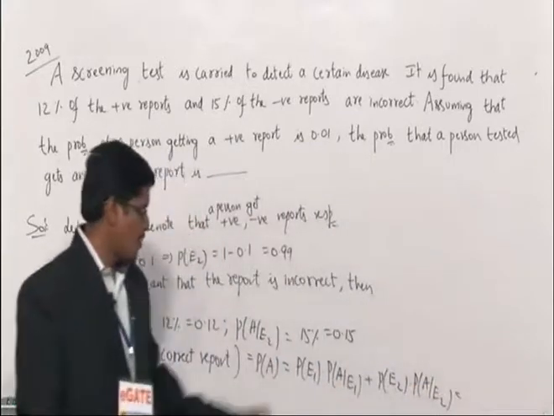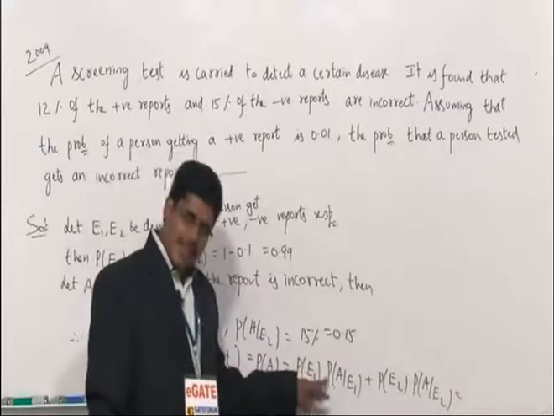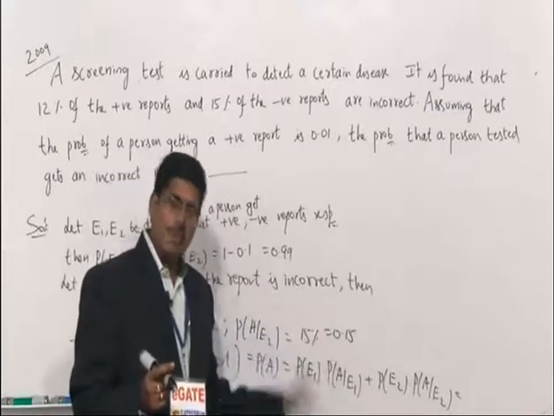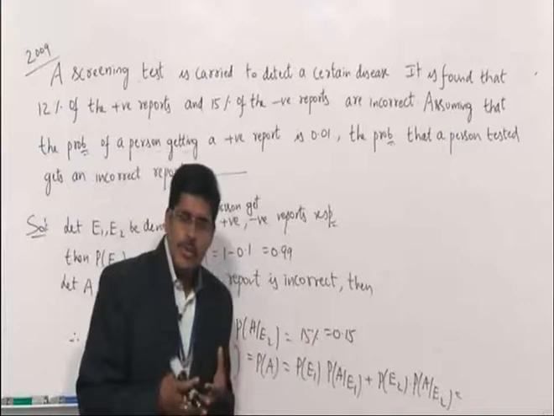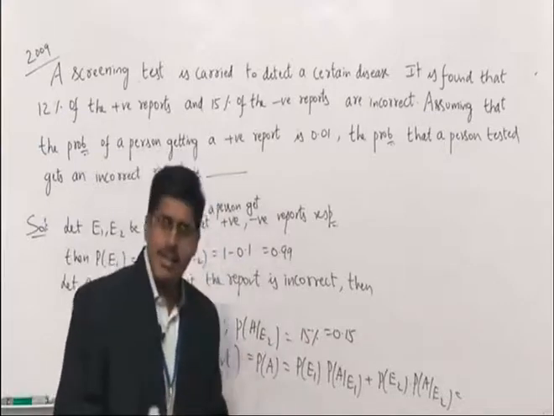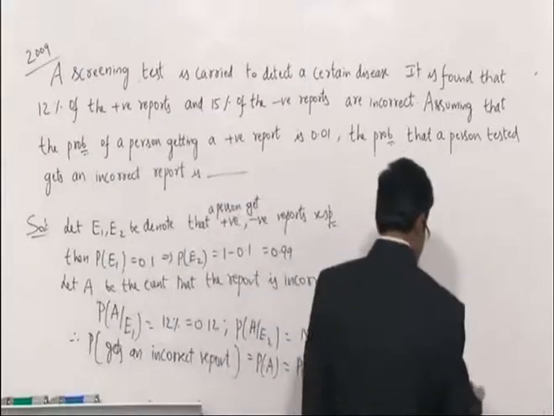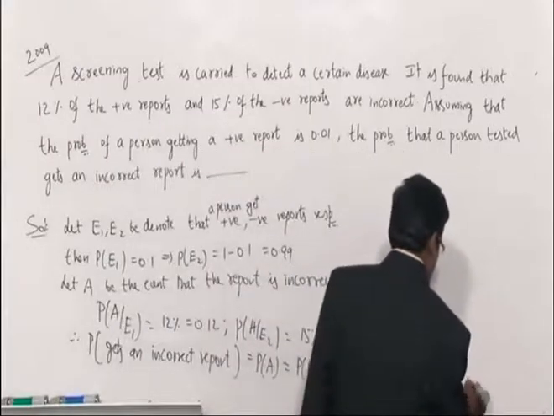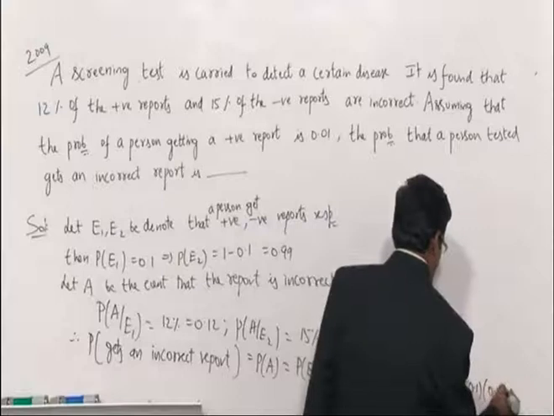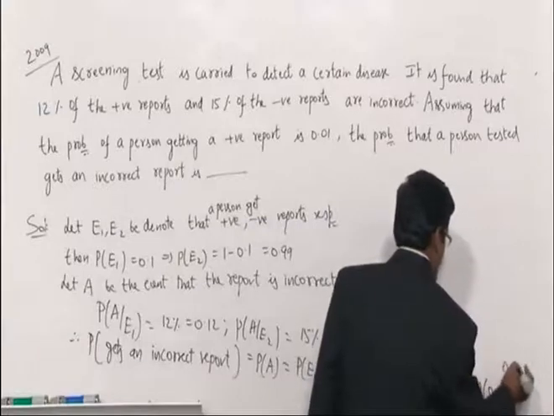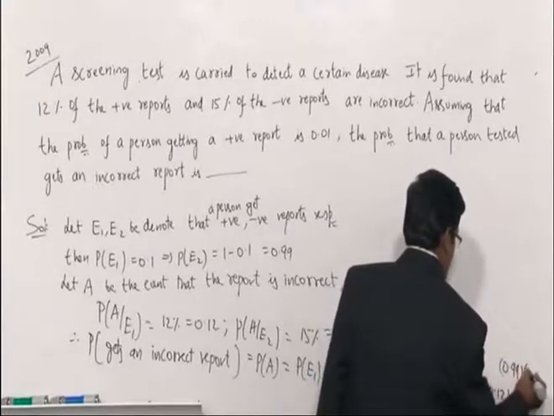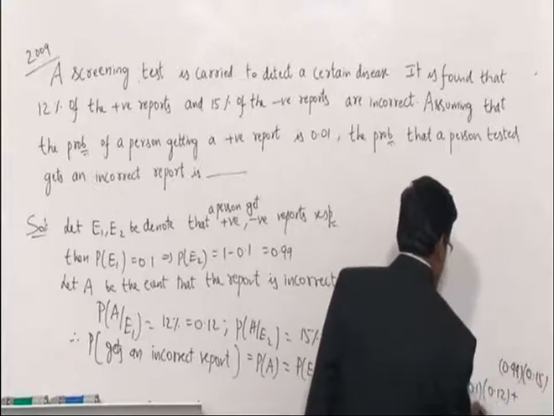That is probability of a positive report and then incorrect report from positive, plus a negative report and then an incorrect report from negative reports, multiplied. So this is 0.1 into 0.12 plus 0.99 into 0.15. Simplify.